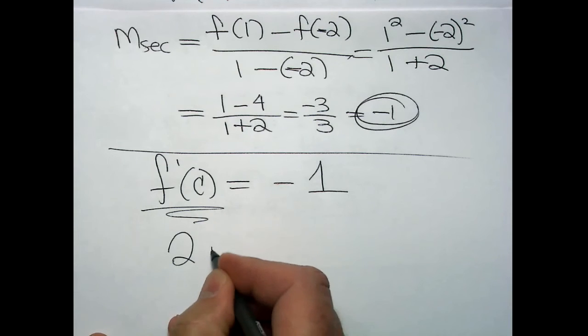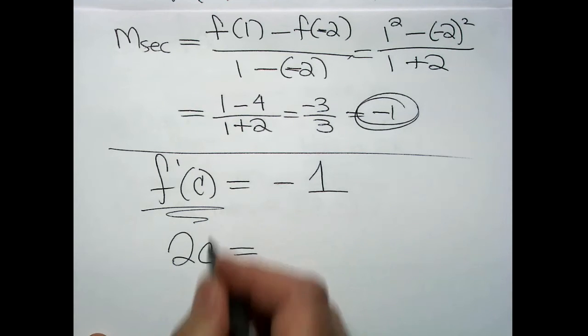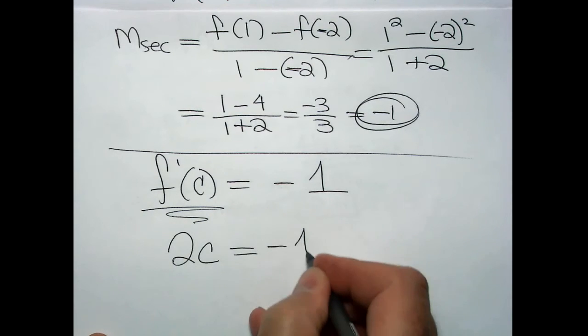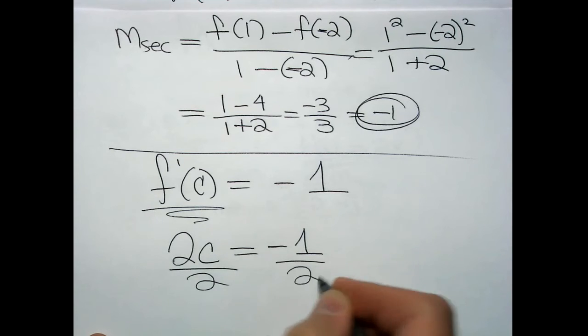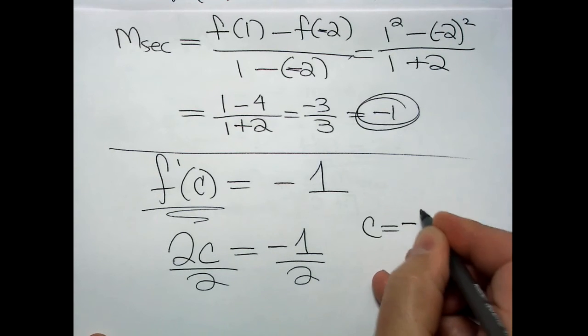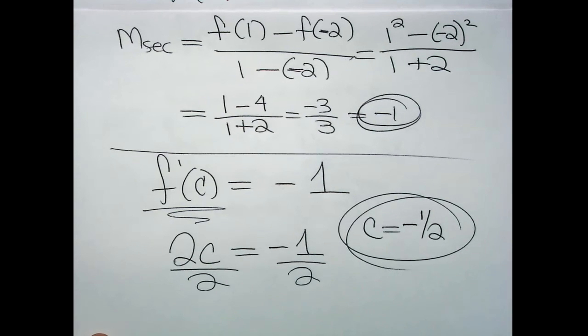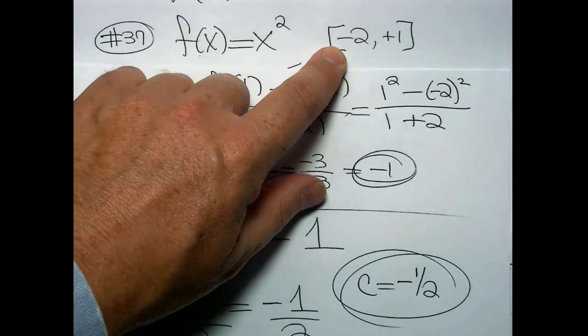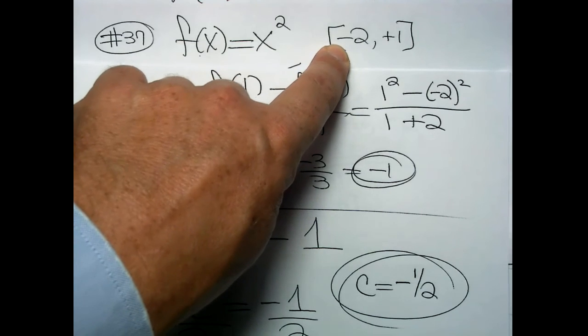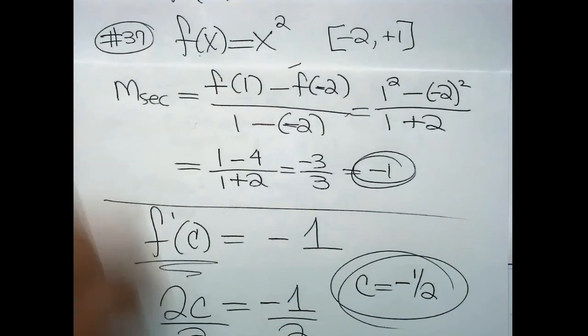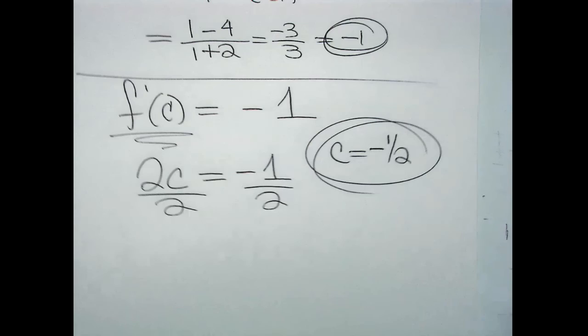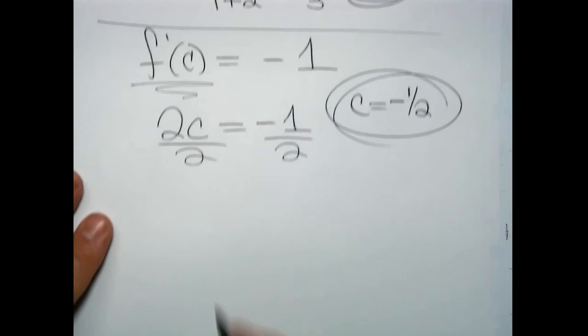So therefore, 2c, in this case, when is it equal to negative 1? Not 0. And that happens at negative a half. Which, by the way, fulfills the promise, because negative a half falls within the range of my interval, negative 2 to 1. It falls right inside. There was only one value that we found, so it better fall inside of our interval.